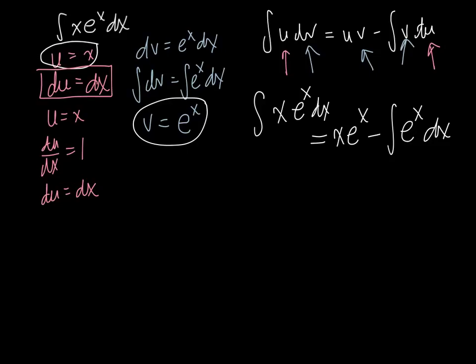Well, now we've gone from the integral of x e to the x to now the integral of just e to the x. So I finish this off by rewriting x e to the x minus the integral of e to the x, which is e to the x, and then of course always plus our constant of integration.